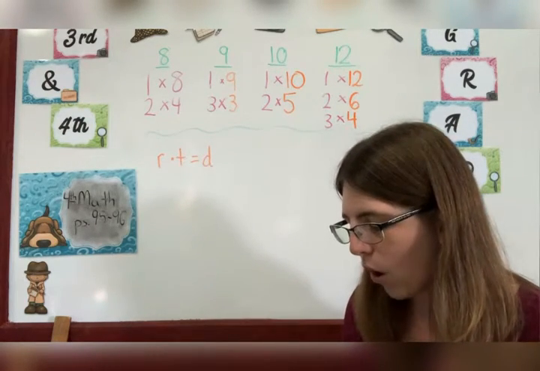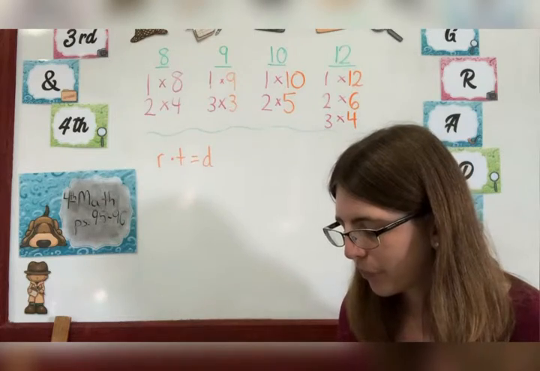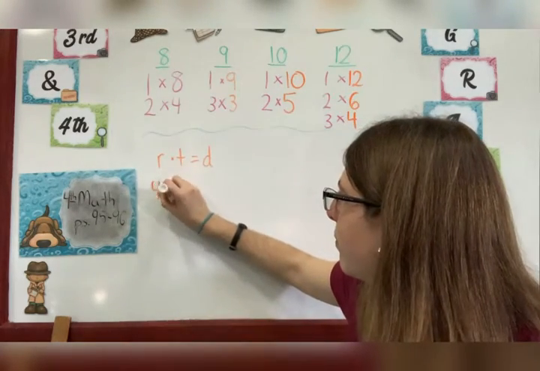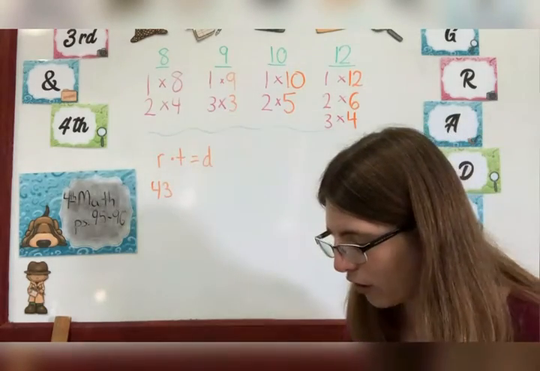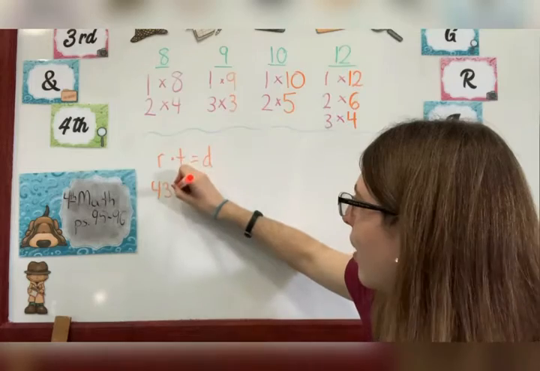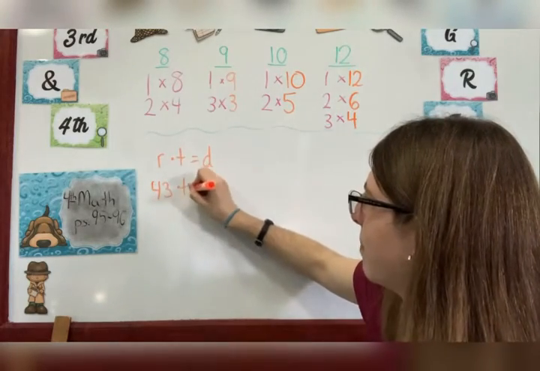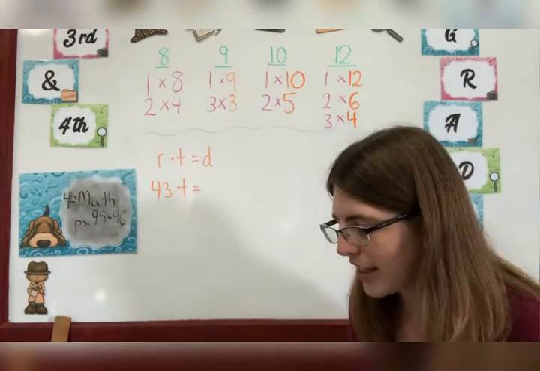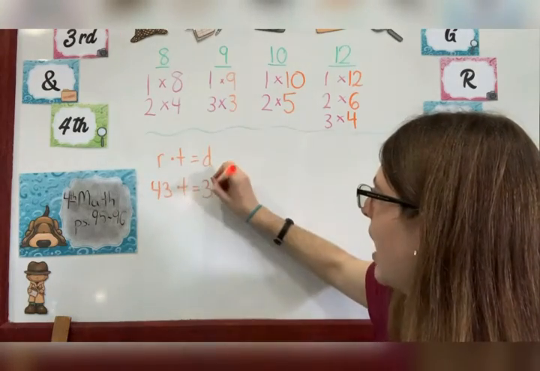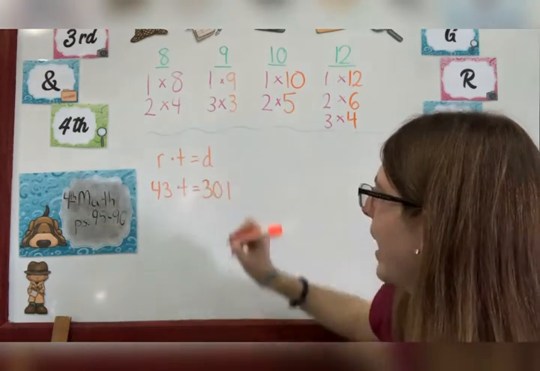So I know that they are going 43 miles per hour. Do I know how long? No, that's what I'm looking for. So that's the time. Equals the distance. The distance I know is 301 miles.